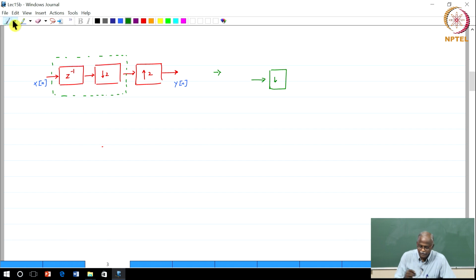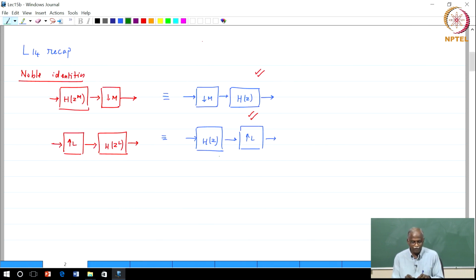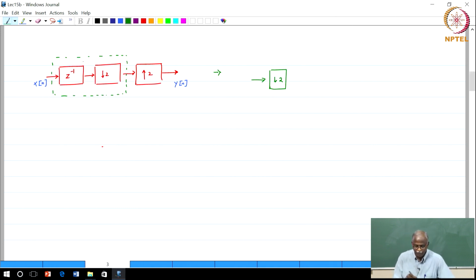If you look at the polyphase decomposition, H(z^M) downsampled by M becomes H(z), so whatever the argument was gets raised to the power of 1/M. The argument was z^-1, I downsampled by half, so this becomes z^-1/2, followed by upsampling by a factor of 2, preceded by pre-filtering.